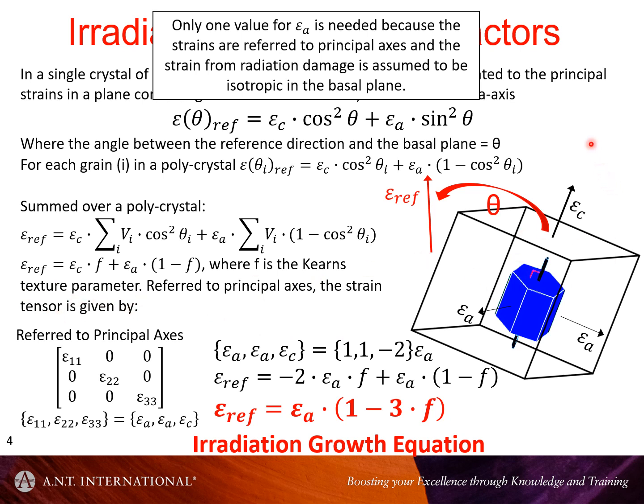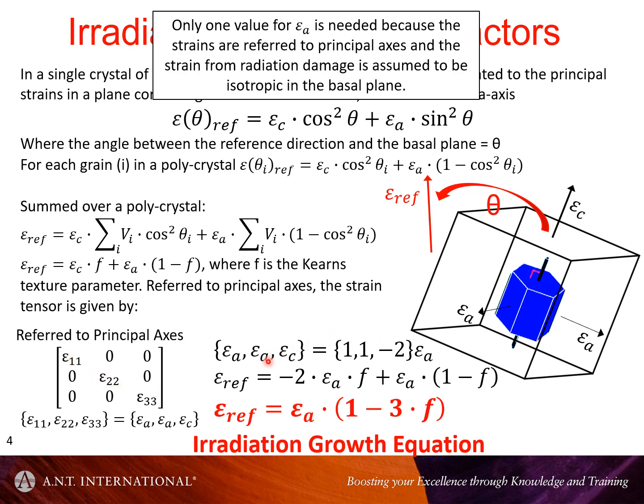So how do we use this expression for the strain in terms of the F factor? Well, the single crystal strain, when you're talking about irradiation growth, is actually, we have strains 1, 1. If we consider X3 to be the axis parallel with the c-axis, when we have irradiation growth, we have strain in the a-axis of magnitude 1.